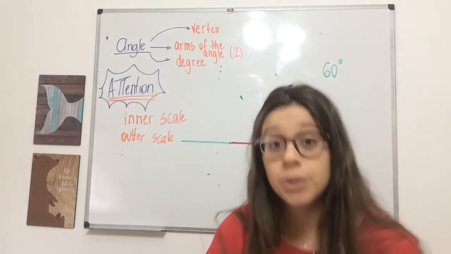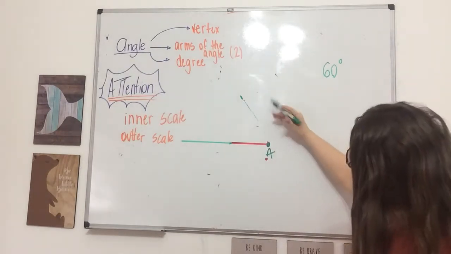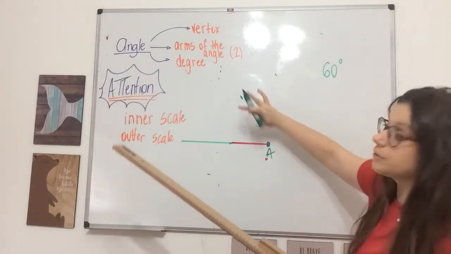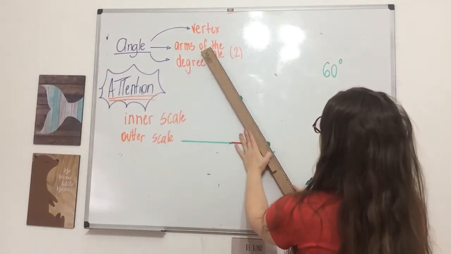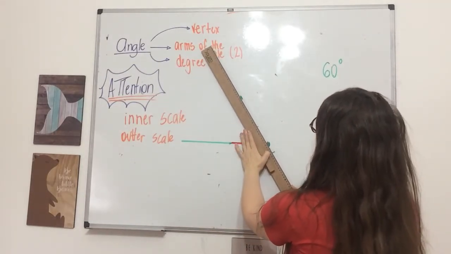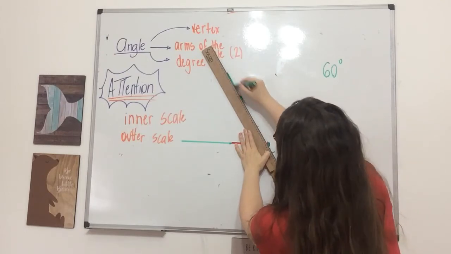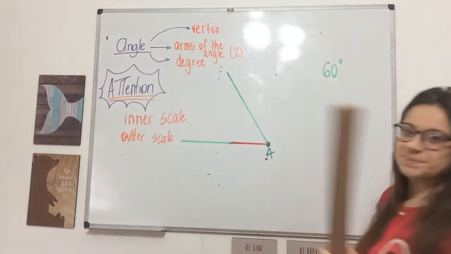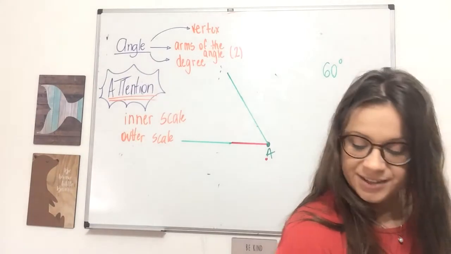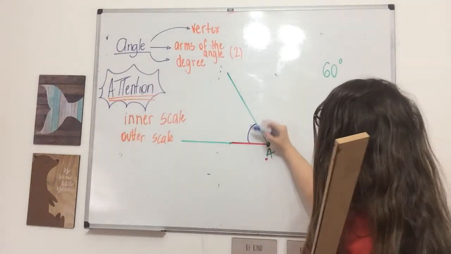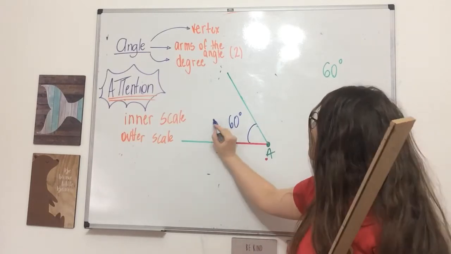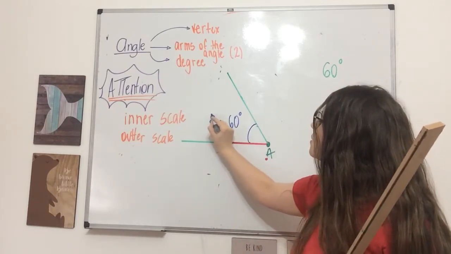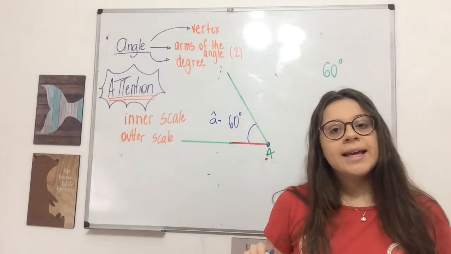With the ruler, because we don't build angles like this. We come with the ruler and we connect the angle that we found. Ta-da! And this is a 60-degree angle, and I call it like this because this is how we call angles.